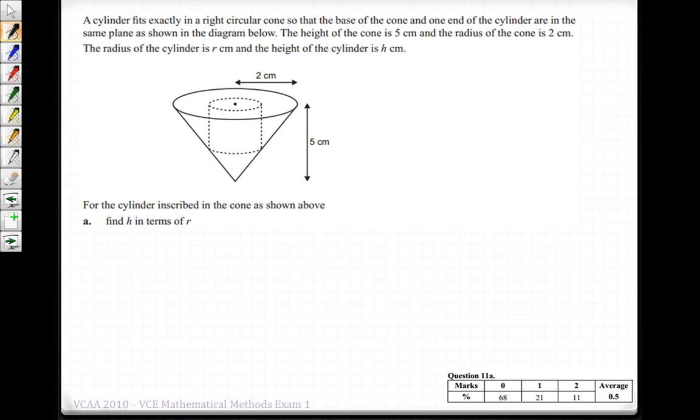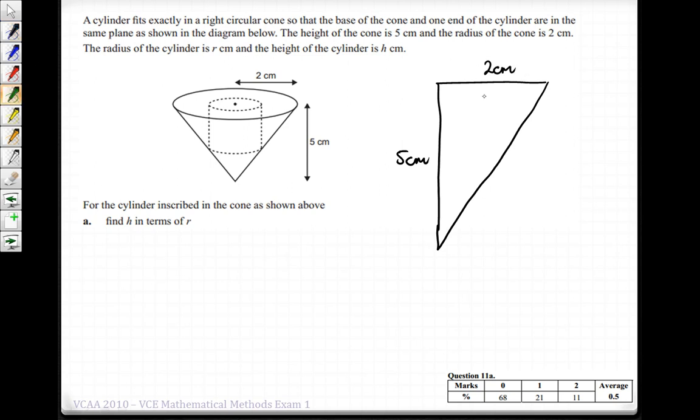So to do this problem, we're going to set up a similar triangles image and work off that. If I draw a triangular cross section of the cone, we've got something like this. We've got 5 centimeters here and 2 centimeters here.